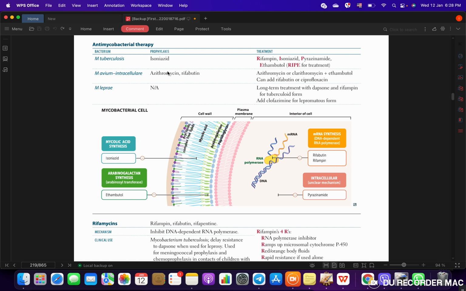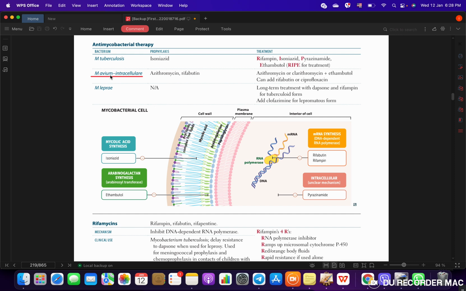The Mycobacterium avium intracellulare, does anybody remember when we saw this? In which patient developed Mycobacterium avium? The HIV, yes.